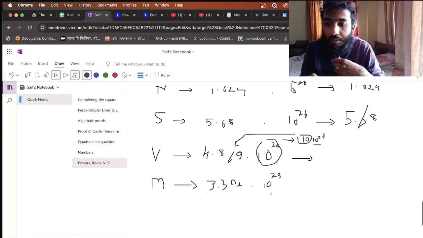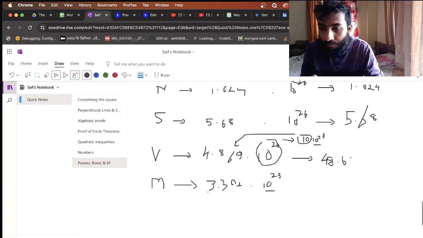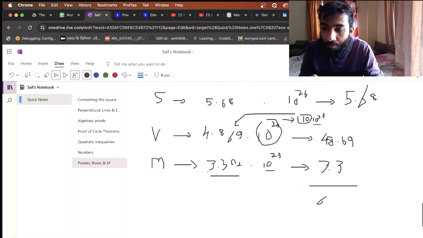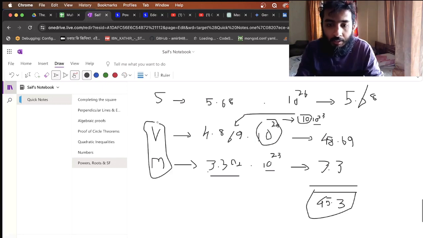Both powers are 23, so we can match them. In the case of Mercury we get 3.302. So we can see the difference is somewhere around 45.3 or 4, something like that. This is the difference between the mass of Venus and Mercury.